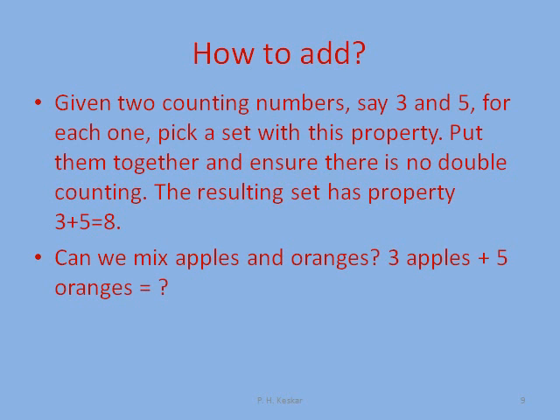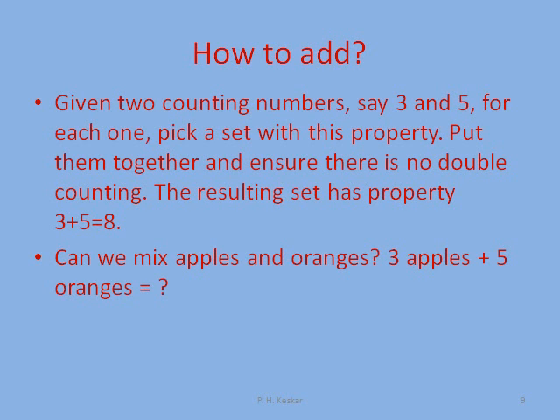Of course, you can say the particular set may be a set of apples and the other set will be a set of oranges. Can you mix them together? This question arises because when you count something, those objects, though distinct, must be at the same level, or must be objects of the same type. You have come across this situation in sciences where you have to look at units.